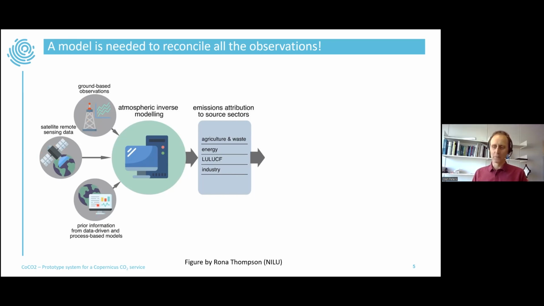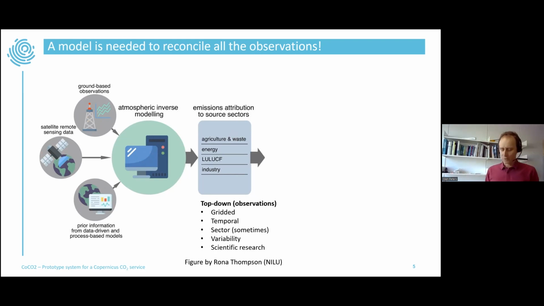We have prior estimates of emissions, what we think emissions might be doing, and these all go into a model, and then the model spits out what is hopefully a better estimate of the emissions. And sometimes with sectoral detail, not always, it depends on the species. And this is essentially what's known as a top-down or observation-based approach.